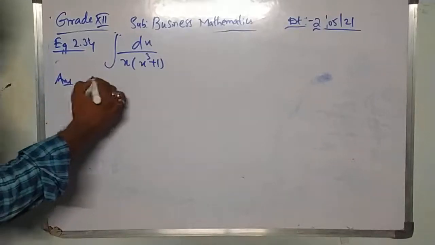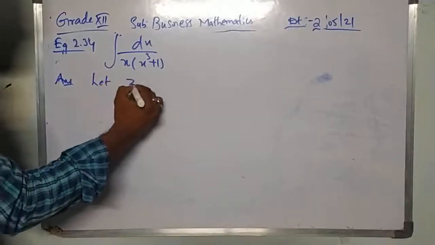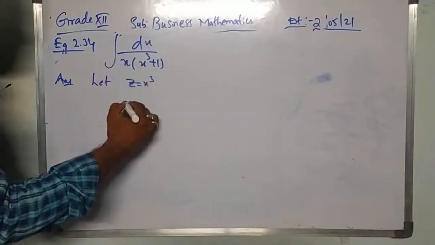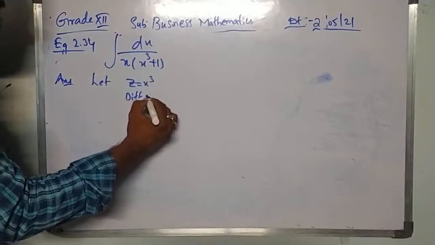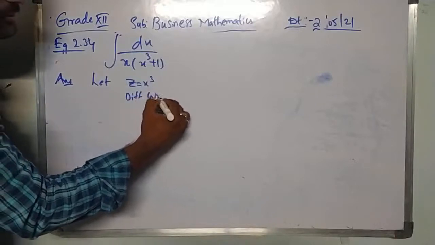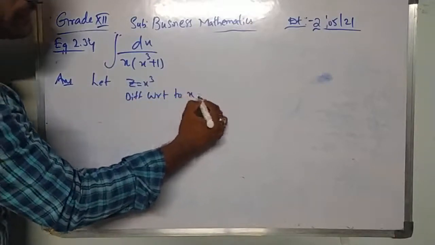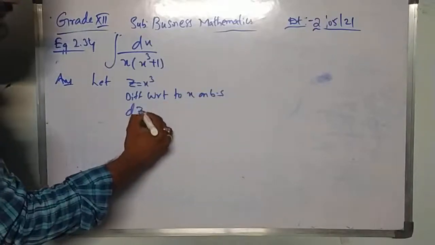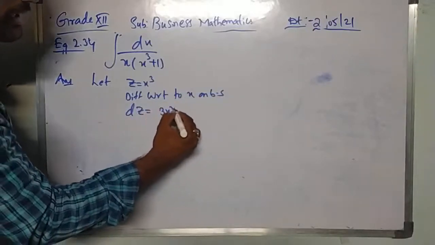Answer: let z is equal to x cube. If you are assuming that z is equal to x cube, differentiating with respect to x on both sides, so dz is equals to 3x square dx.